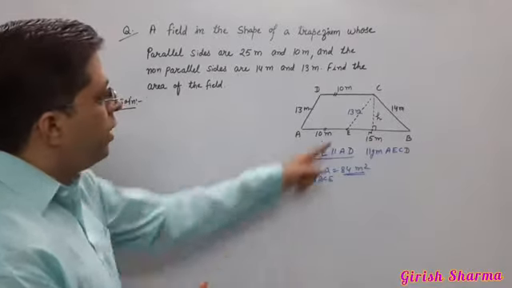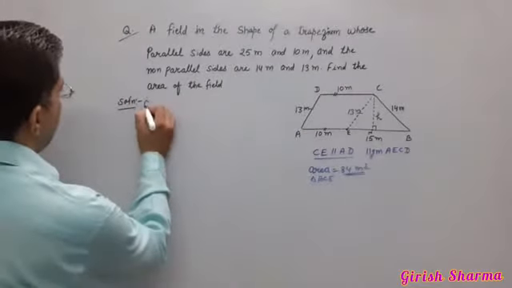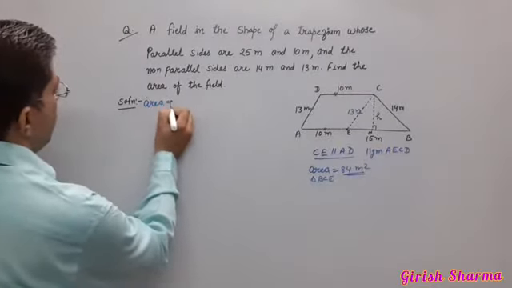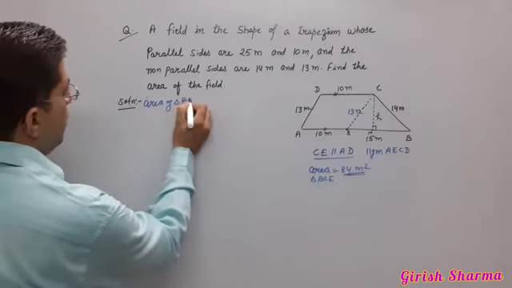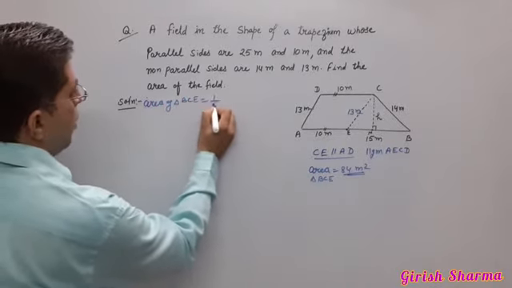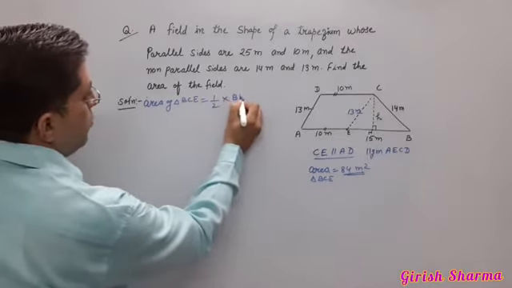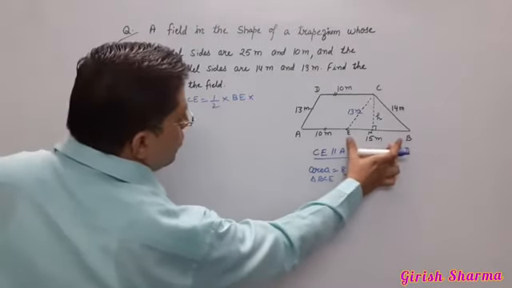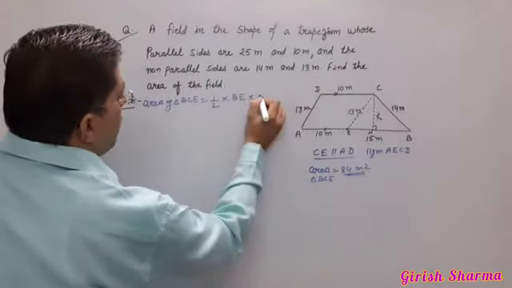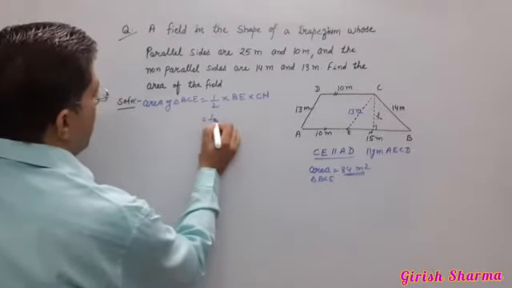Now we have to find the height of this triangle. What we got? Area of triangle BCE is half, base is BE, height is your CN.